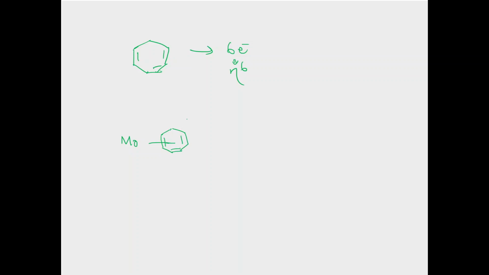Like this, and then there are three CO, and this is making it an 18 electron complex.